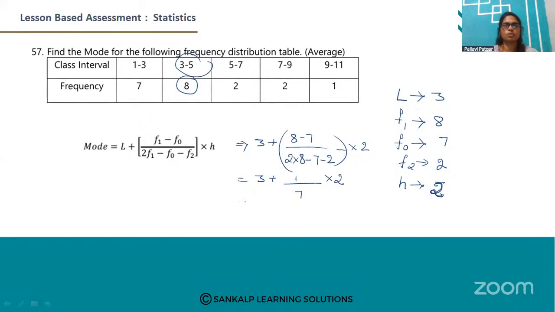So 3 plus 2 by 7, which is 0.2857, equal to 3.286. Therefore, the mode for the given frequency distribution table is approximately 3.286.